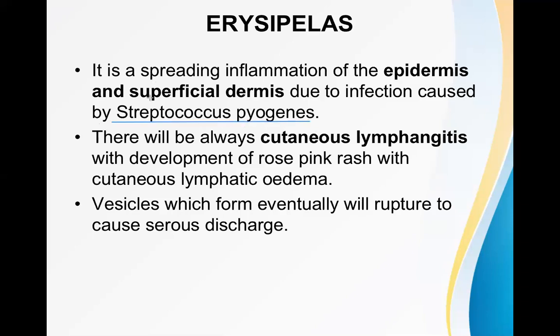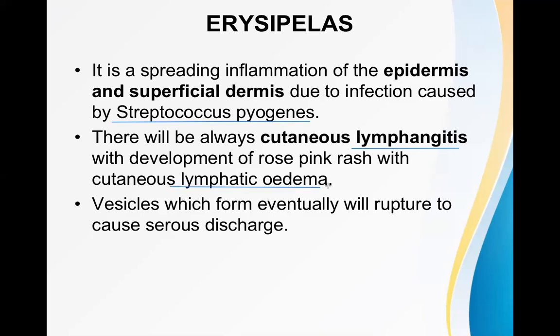Now, whenever it involves the superficial part of the dermis, that superficial dermis has some lymphatic channels, some blood vessels and some nerves. So after the involvement of these lymphatic channels, which is known as lymphangitis, there will be cutaneous lymphatic edema formation.